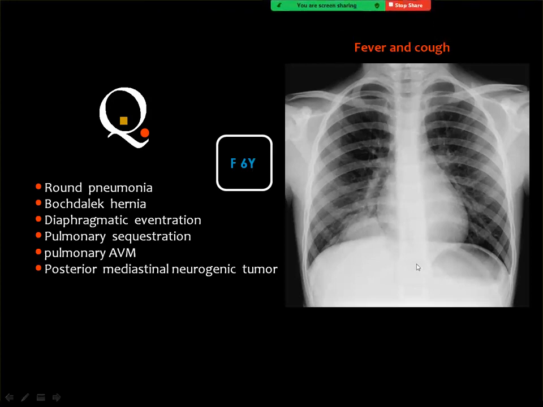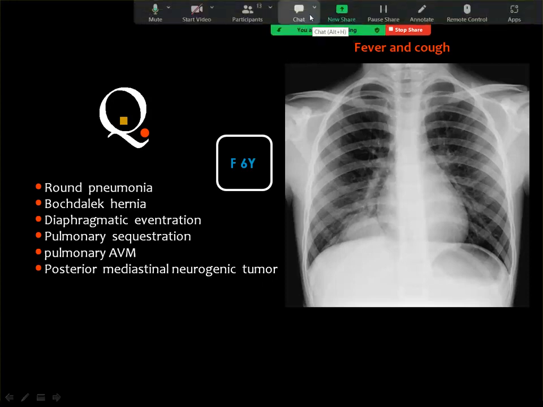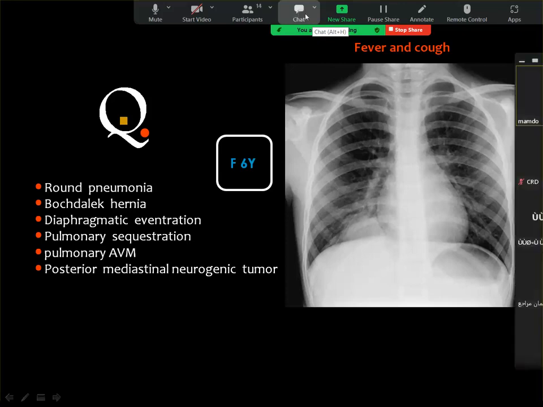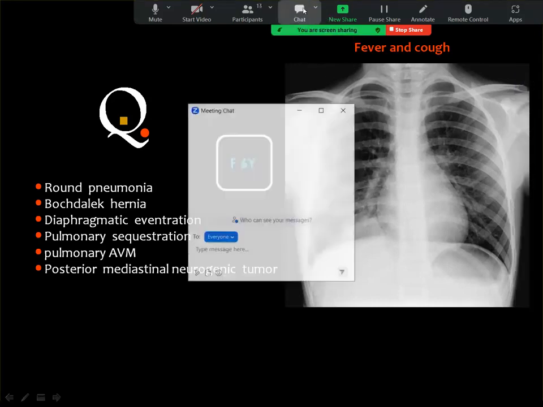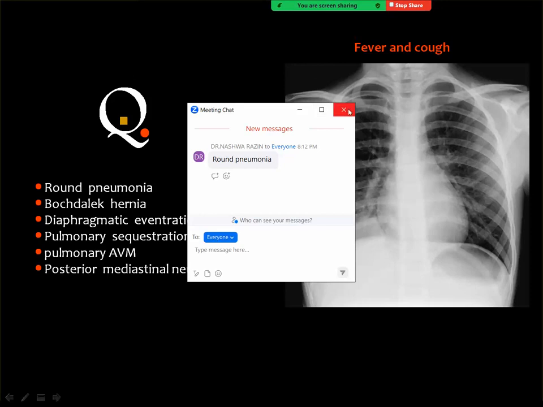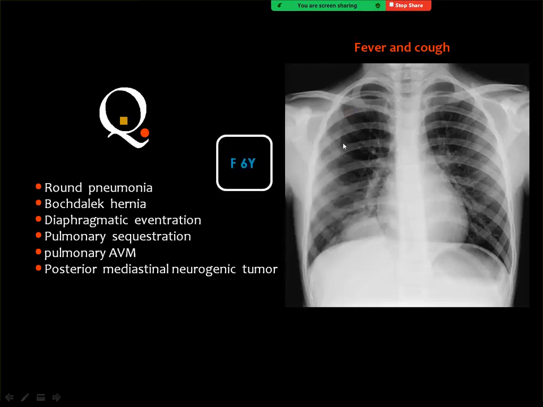This is the chest X-ray, and there are some choices: round pneumonia, Bochdalek hernia, diaphragmatic eventration, pulmonary sequestration, pulmonary AVM, posterior mediastinal neurogenic tumor. Round pneumonia, and this is right.